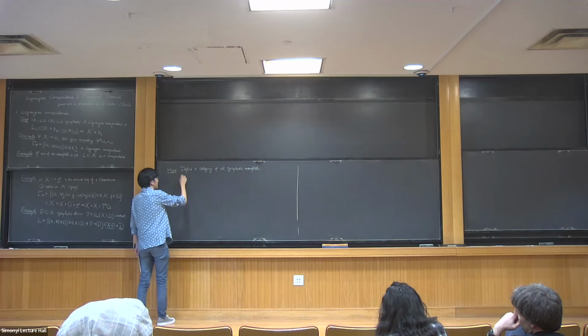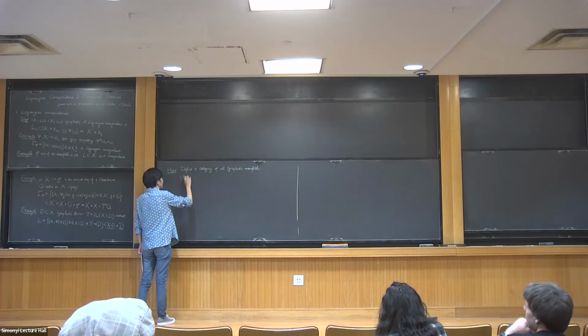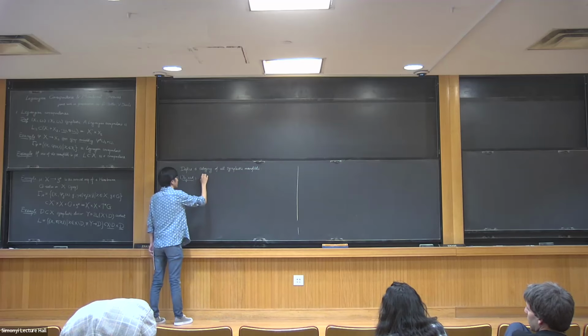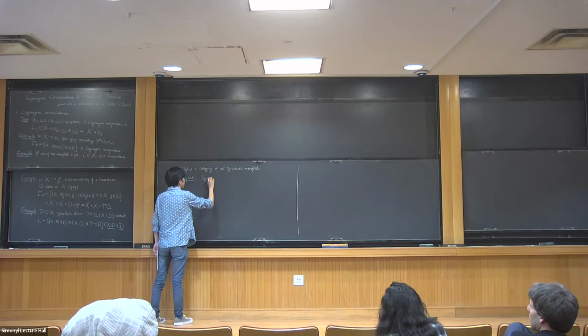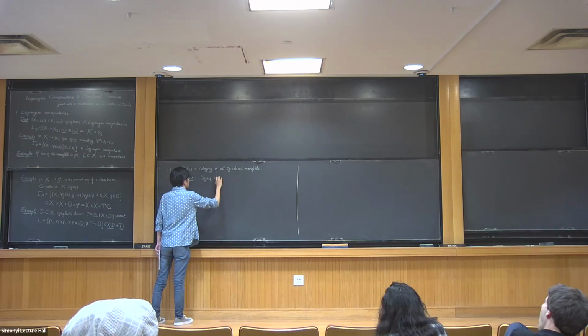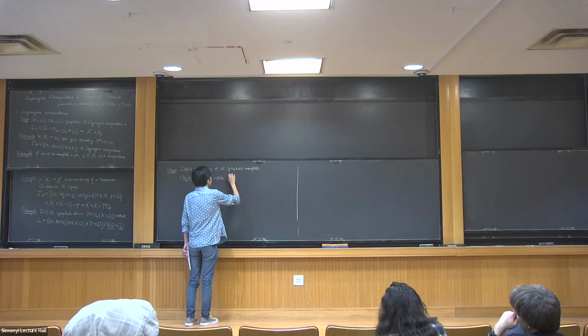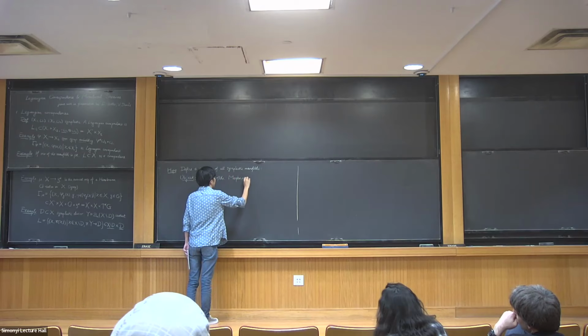So for a category, we need to specify objects and morphisms. Well, objects are just themselves symplectic manifolds. And what about morphisms? Morphisms will just be Lagrangian correspondences between them.